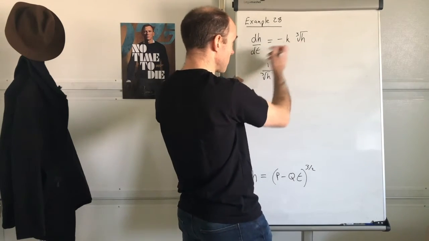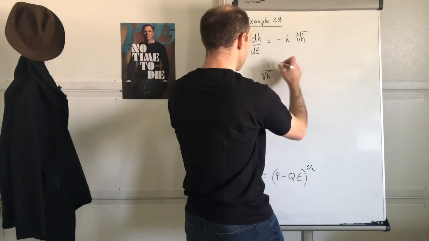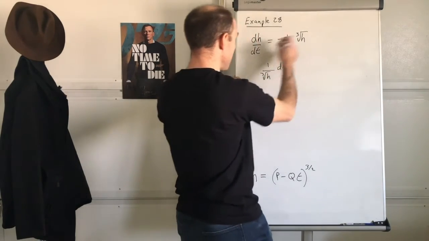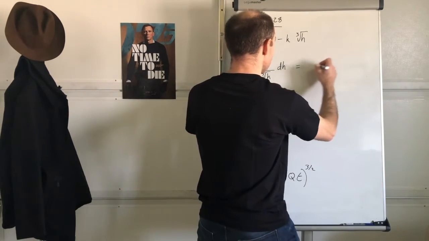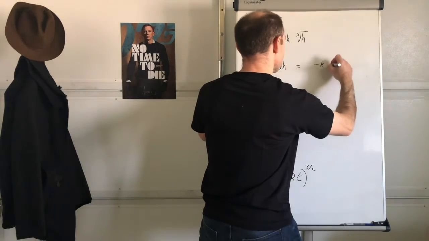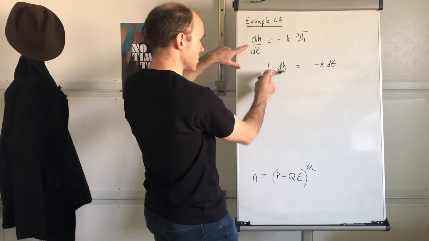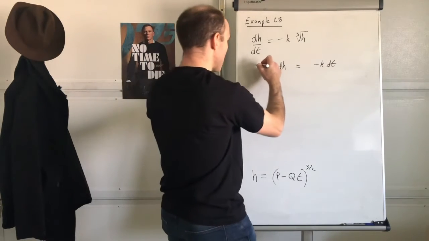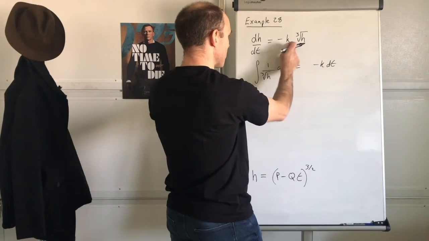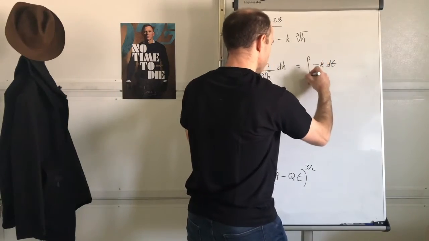There's no point in swapping that around. So that's going to be dH there, and then you've got the equals, and that's negative K, and that's dt there. Okay with that? So put that over there with the dH: 1 over cube root of H dH, and then equals negative K dt.